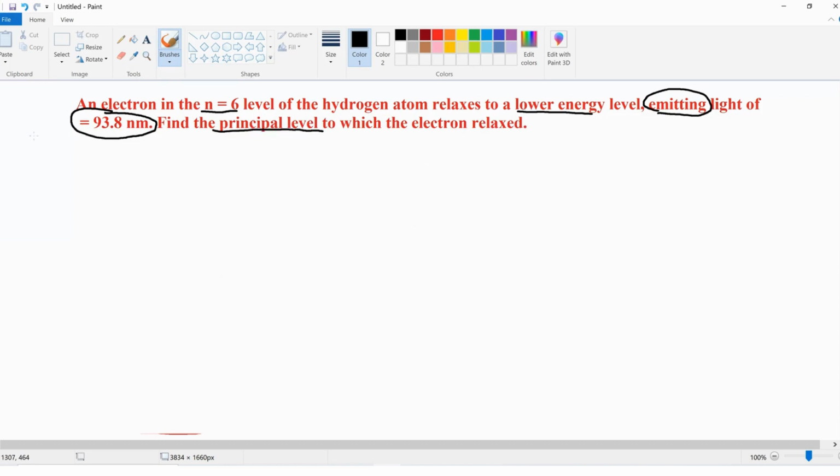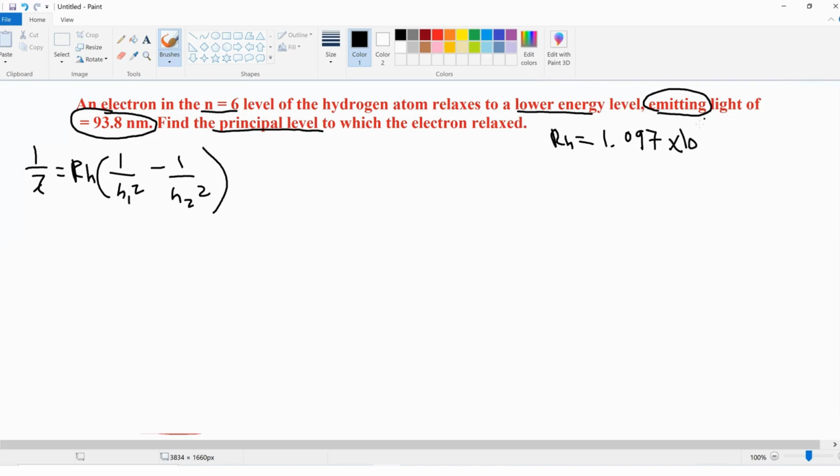Okay, so first things first. This is the Rydberg equation, and R_H here is 1.097 times 10 to the 7 meters inverse.